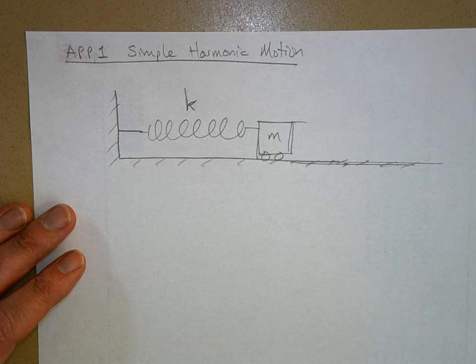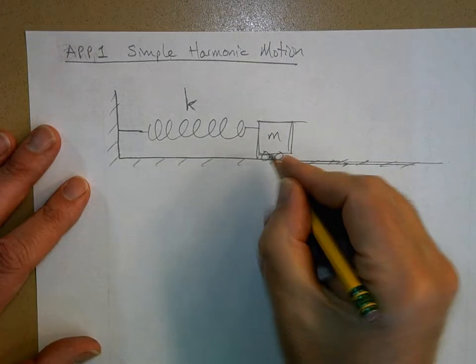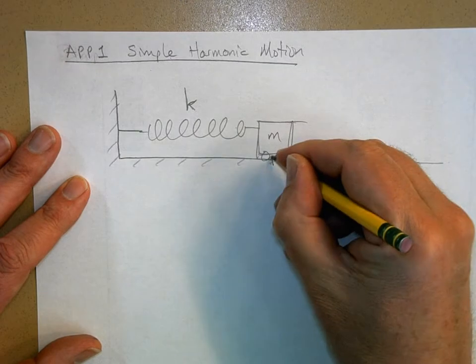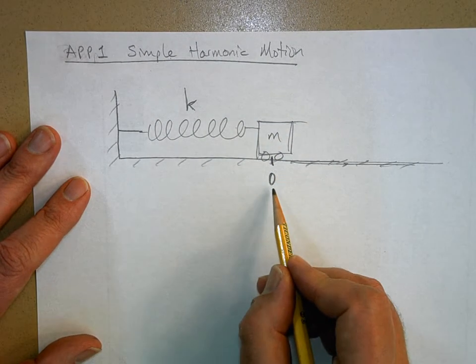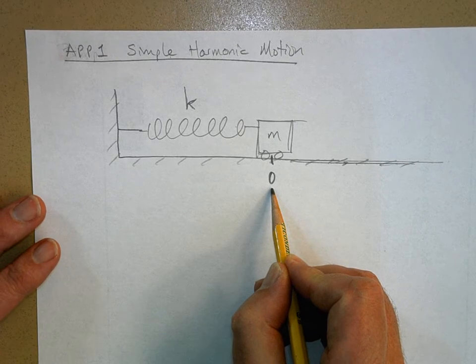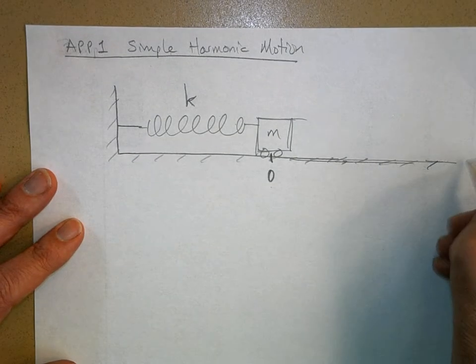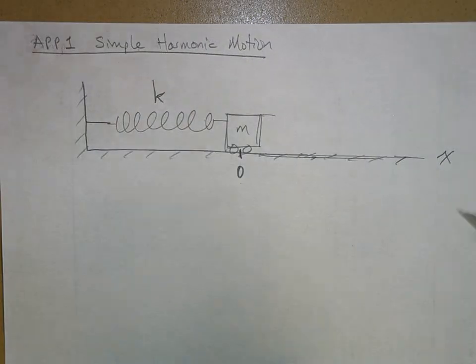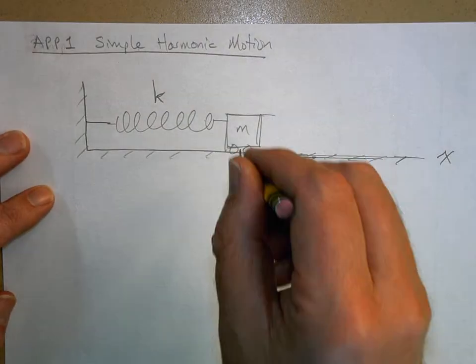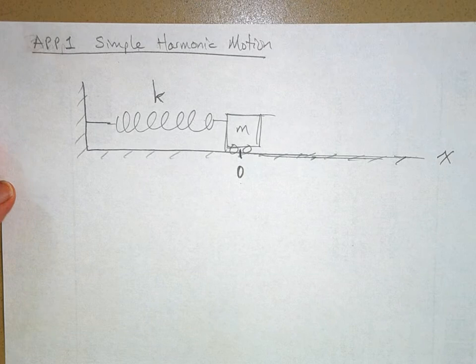Now, let's just say that if I put the object right here, at what I'm going to define to be 0, and I'm going to call this the x-axis, we're going to put 0 at the equilibrium position.